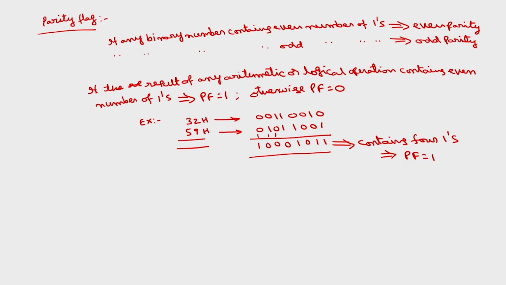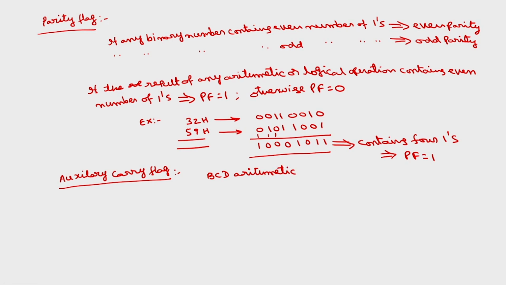Then, coming to the third conditional flag, which is the auxiliary carry flag. One is the simple carry flag, and this one is the auxiliary carry flag. Normally, this auxiliary carry flag will be used in BCD arithmetic, that is BCD addition and subtraction.